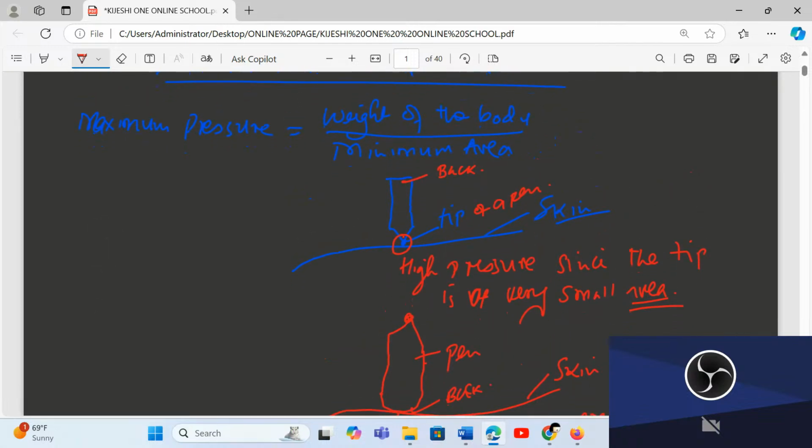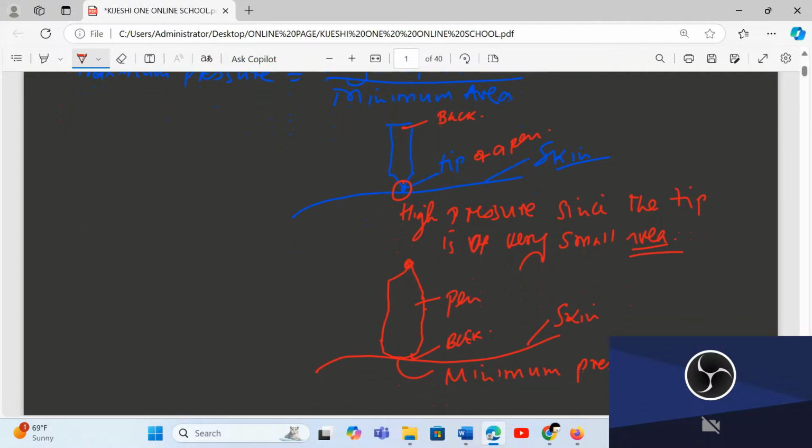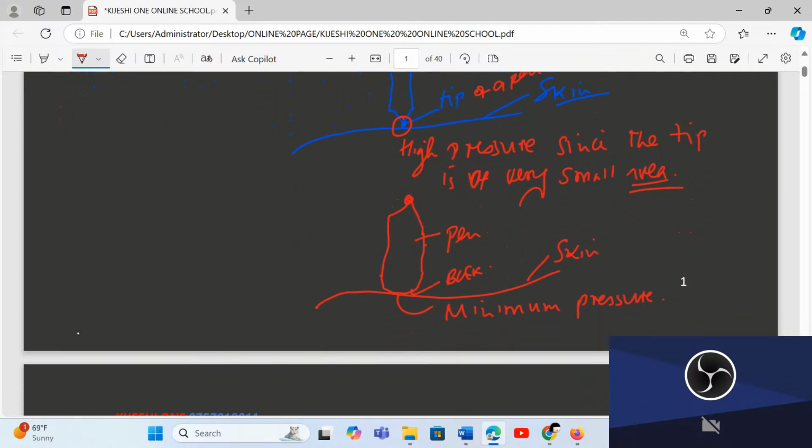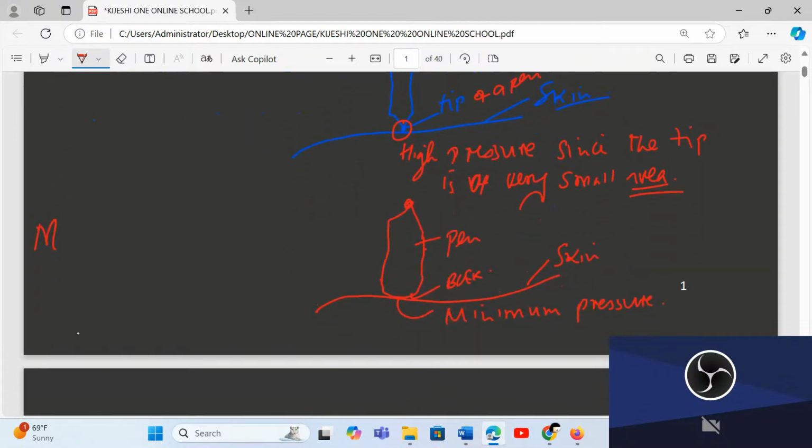Therefore, minimum pressure is given by the weight of the solid over maximum area.